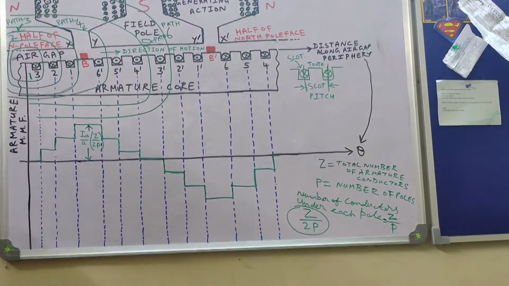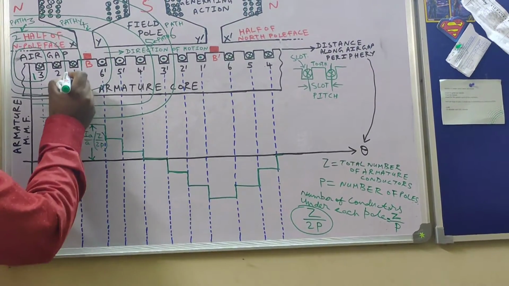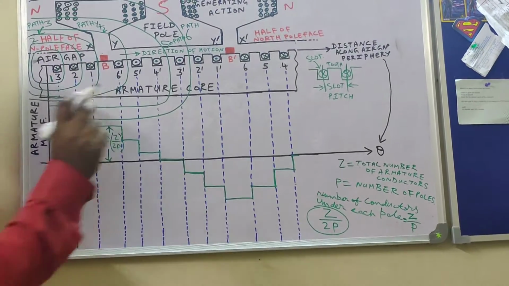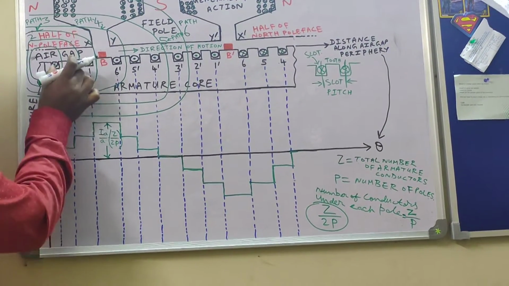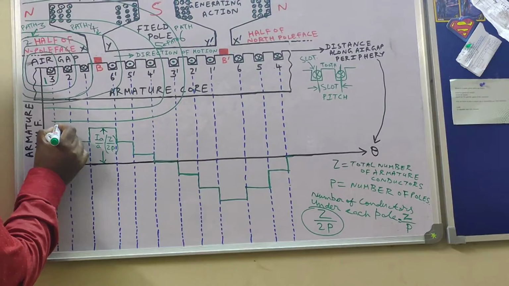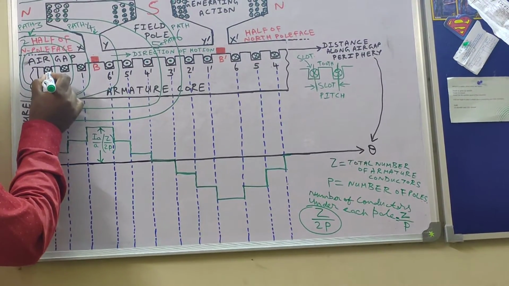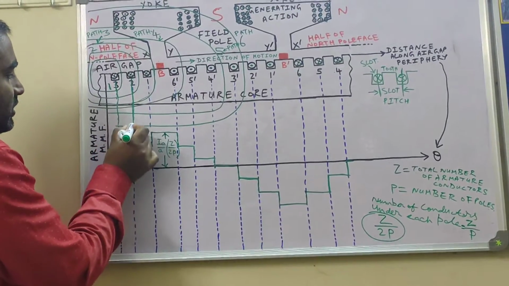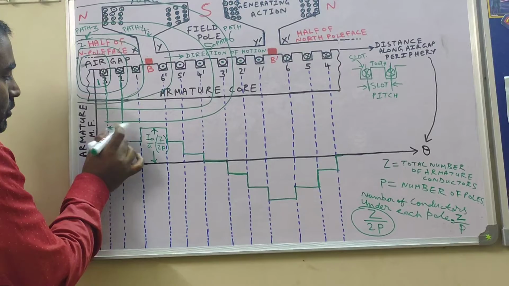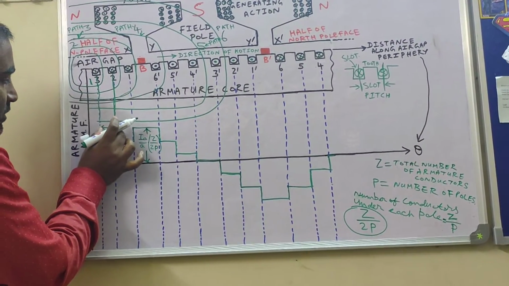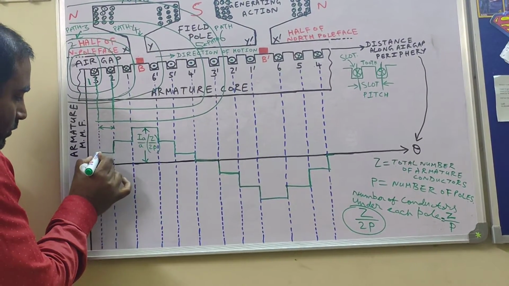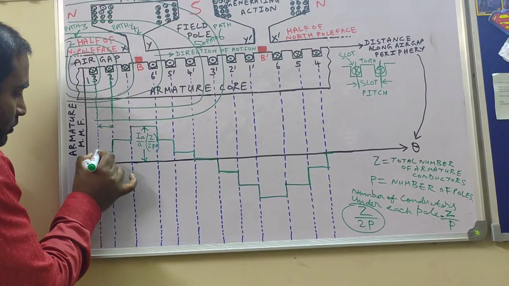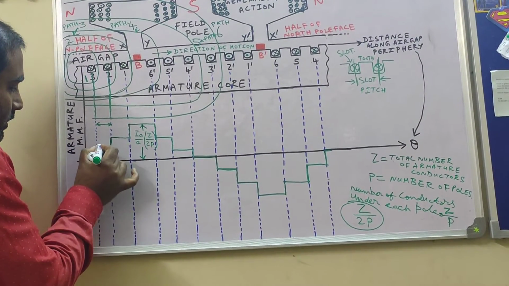In a practical situation you will find that the armature slot pitch is very small. The slot pitch is the distance from the center of one slot to the center of another slot. If this one slot pitch is very small, then this part of the length can be approximated by a rising portion.